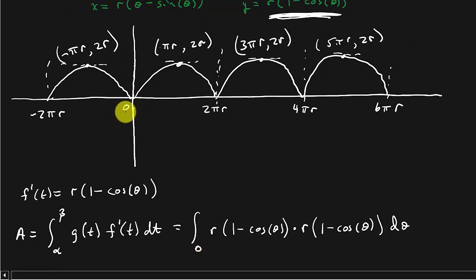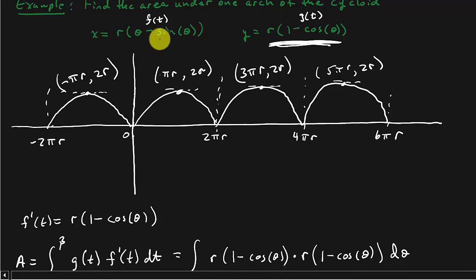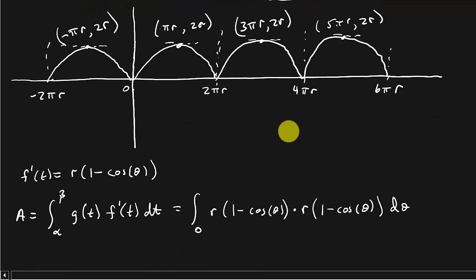How do I get 0? Well, that's from taking this and plugging it into here and here. And how did I get this? I plugged in pi. How do I get this? I plugged in 2 pi. Theta was 2 pi. So I'm going from 0 to 2 pi.